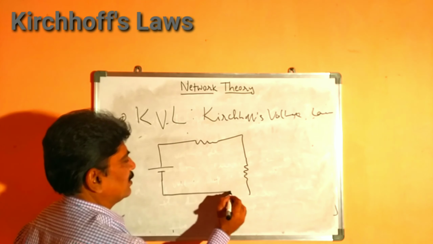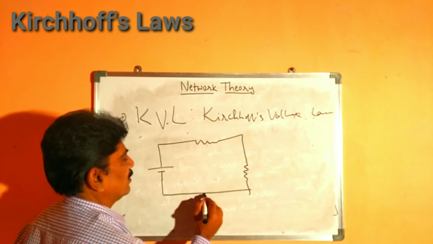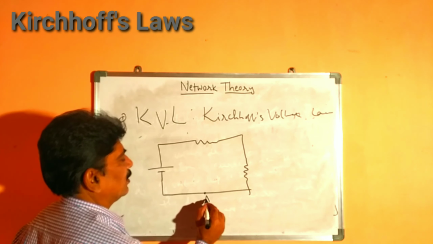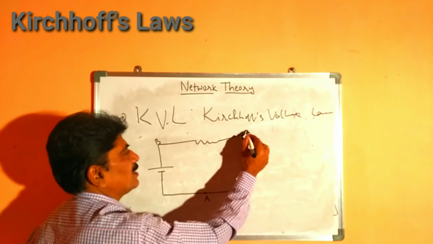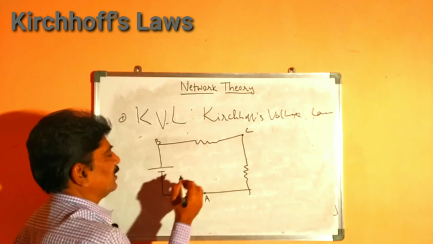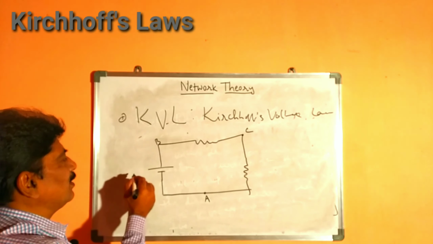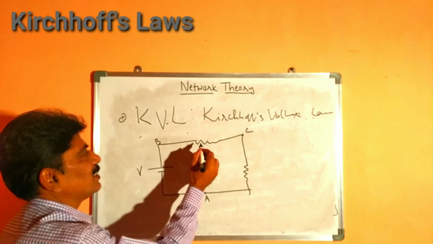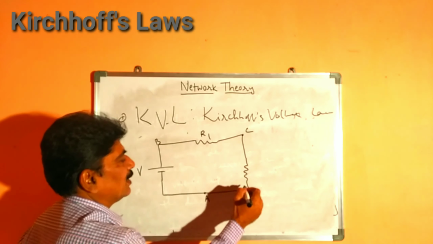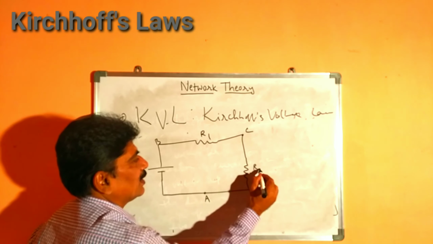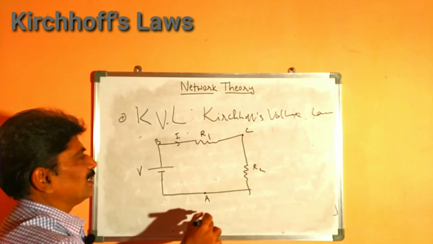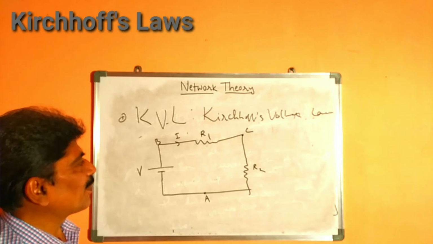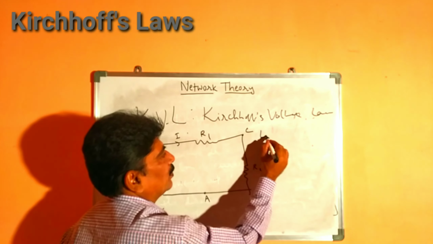Let there be three nodes A, B, and C. In branch AB, the voltage source V is there. In branch BC, R1 is there, and in CA, R2 is there. The current I is flowing A, B, C, A.